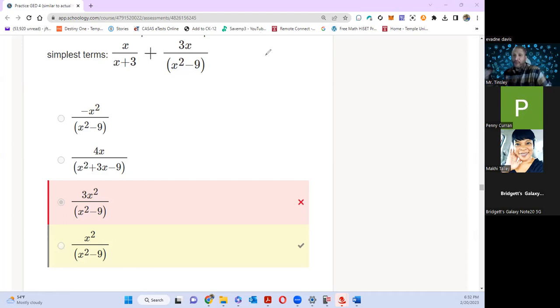Okay. So if we factored x squared minus 9, what could we factor that to? X plus 3, x minus 3. Perfect. So what she notices, this is called a difference of squares. What I mean by a difference of squares is that there's no middle term because the middle term is canceled out.